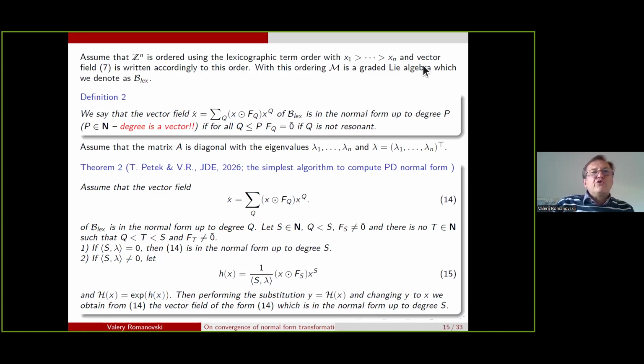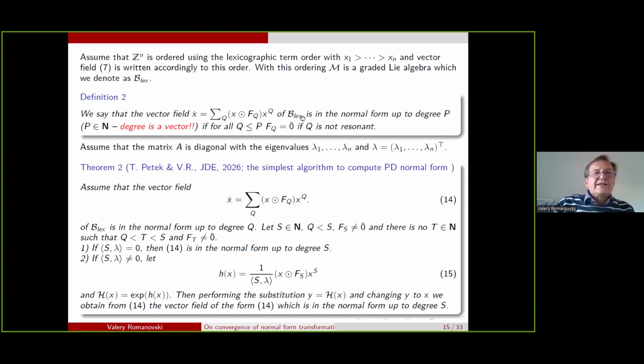And now assume that Zn is ordered using a lexicographic term order with x1, x2 greater than 1, and the vector field is written according to this order. With this order, M is now a graded Lie algebra, which we denote by Blex.